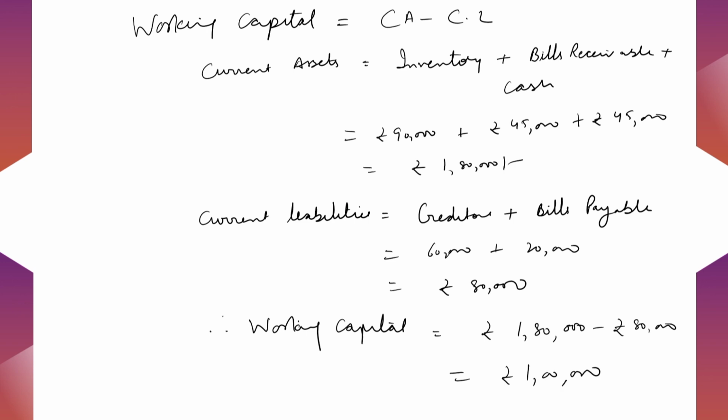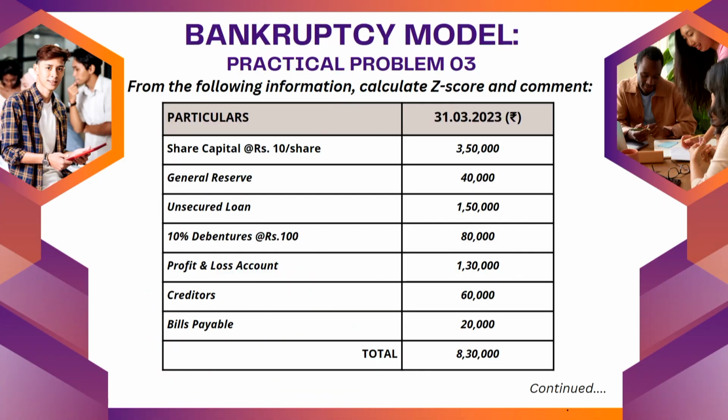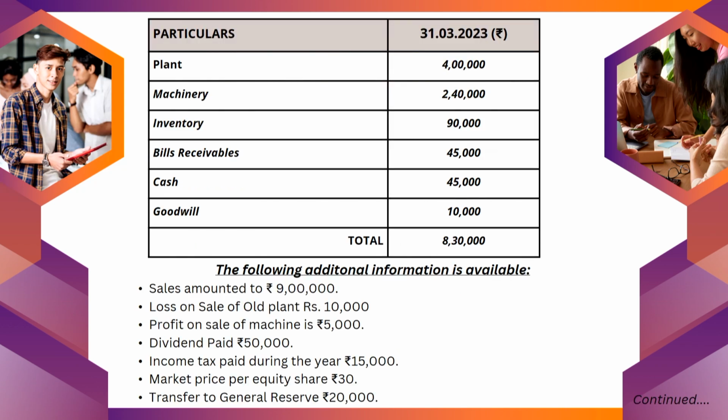First component is computed. Now moving to the next, the total assets. You can see the total is already provided in the form of the balance sheet. So the total assets we know is 8,30,000, so we need not compute the same.